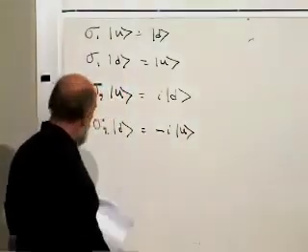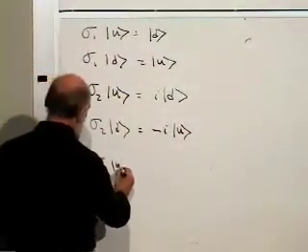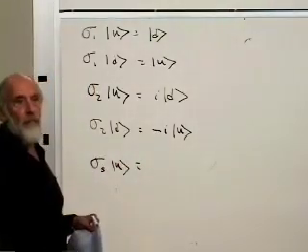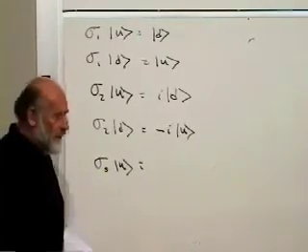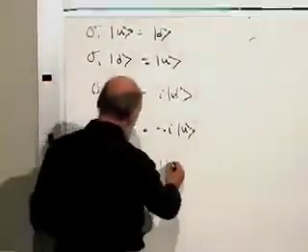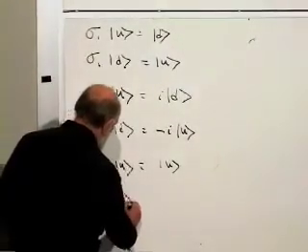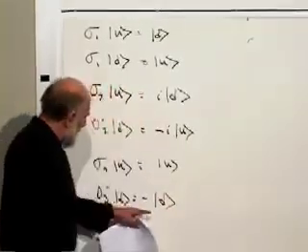You can check that just from the matrices. And finally, sigma 3. What does sigma 3 do when it hits up? Just goes up. Up is an eigenvector of sigma 3 with eigenvalue +1. So it just gives up. And sigma 3 on down gives minus down because it's an eigenvector with minus sign.